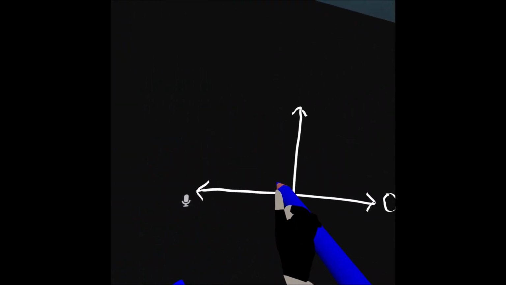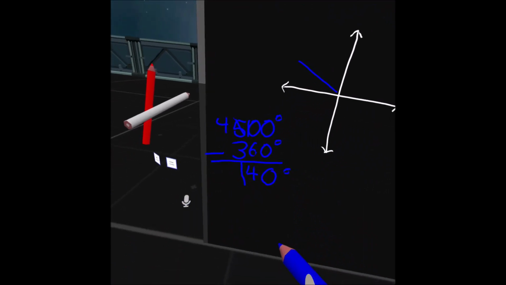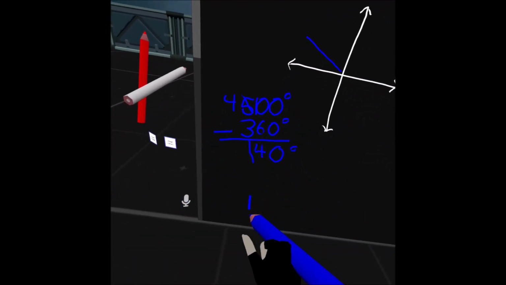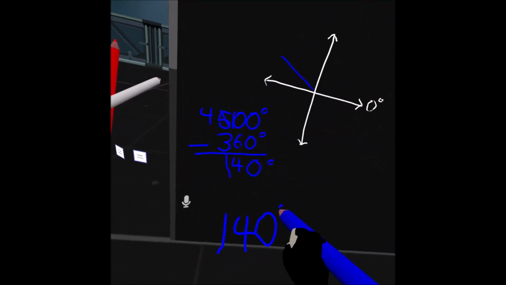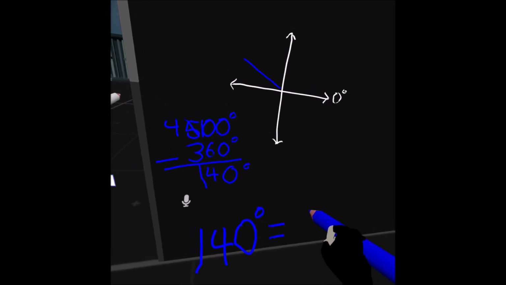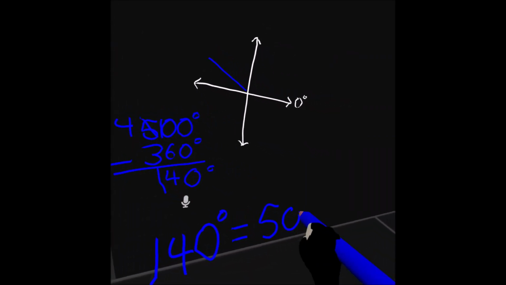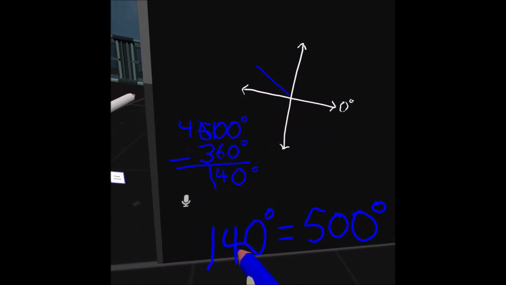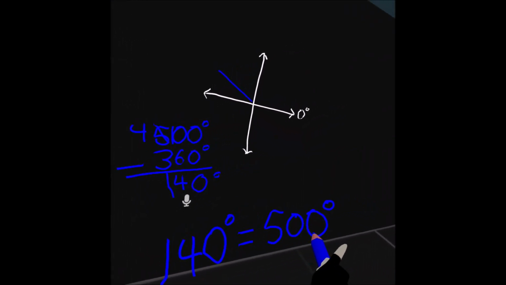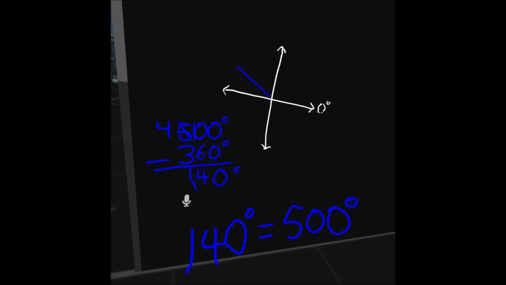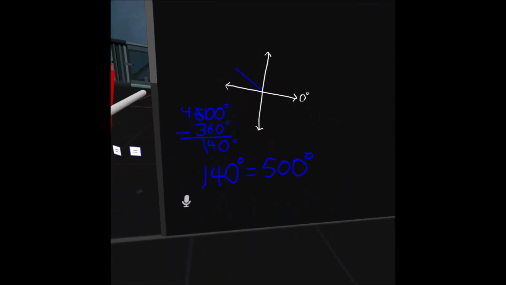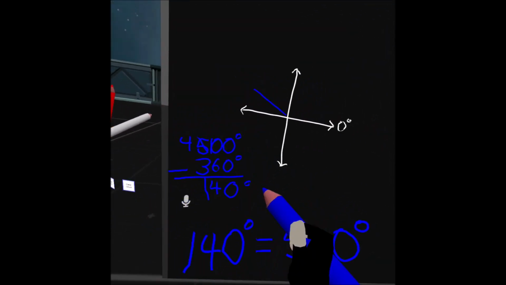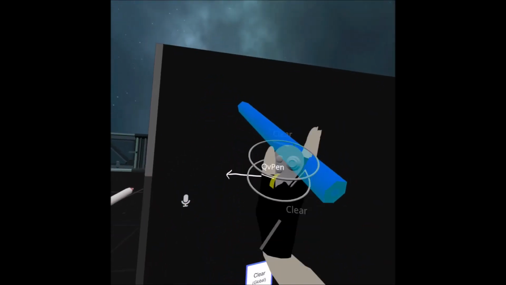So 140 degrees is somewhere here, and that is the reference angle to 500 degrees. And we also say that 140 degrees and 500 degrees are coterminal to each other. Okay? So that's just some math vocabulary.